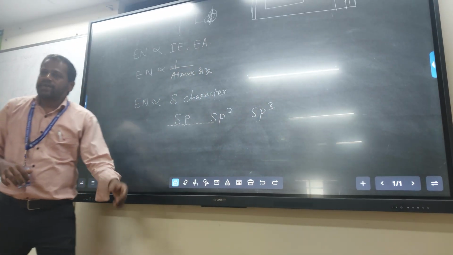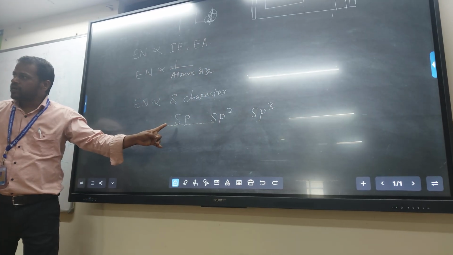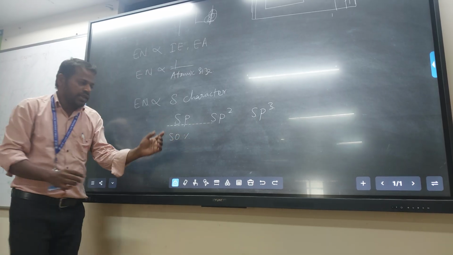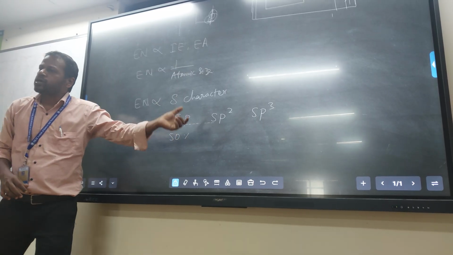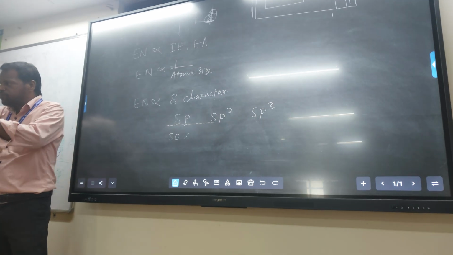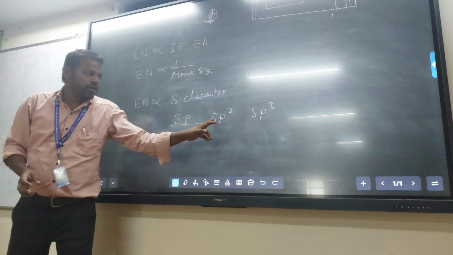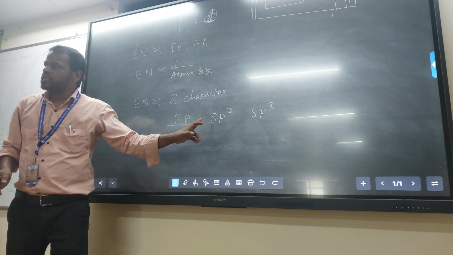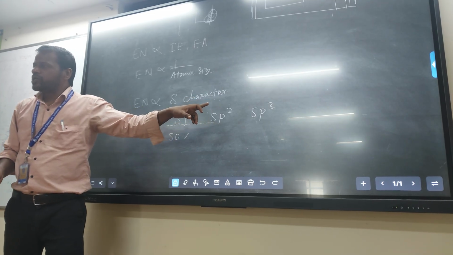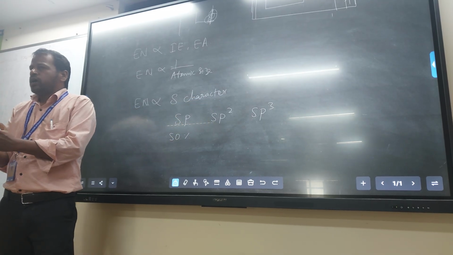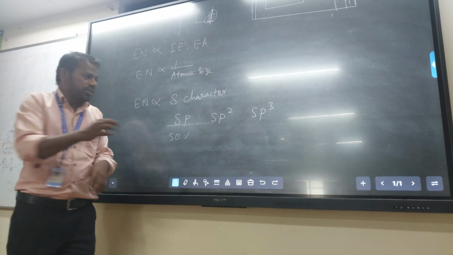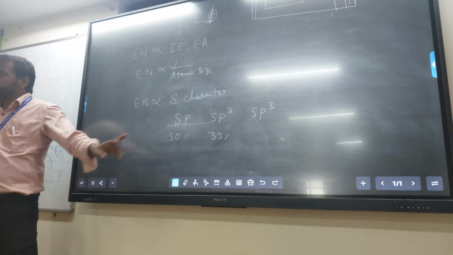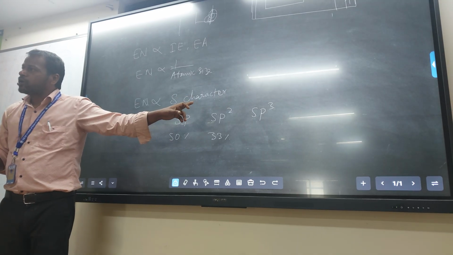Here the s influence is 50-50%, right? s orbital 50%, p orbital 50%, in that hybridized orbital. When you come to sp2, the s orbital percentage is approximately 33%.